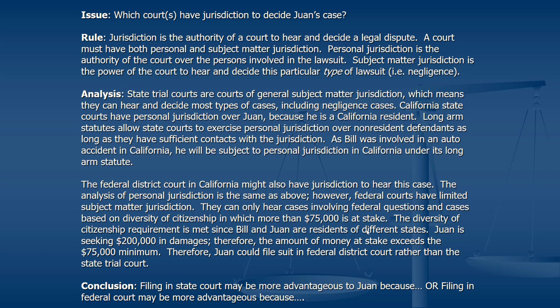Jurisdiction, as defined by the text, is the authority of a court to hear and decide a case. A court has to have both personal and subject matter jurisdiction in order to hear a case. And so we need to define what is personal jurisdiction and then what is subject matter jurisdiction, and we do that here.